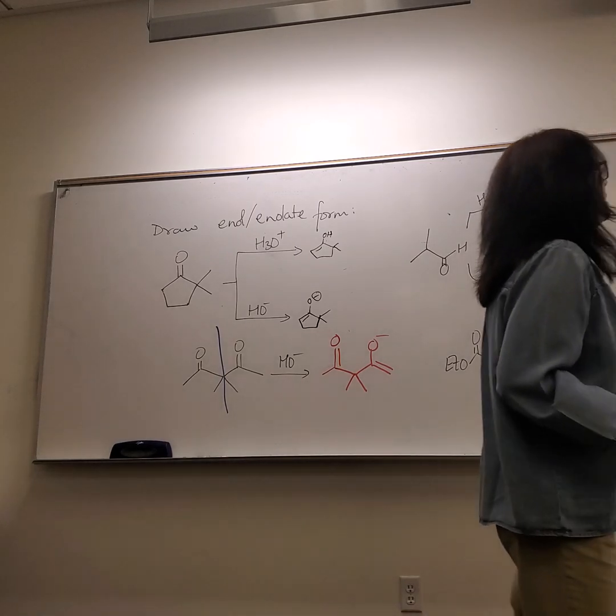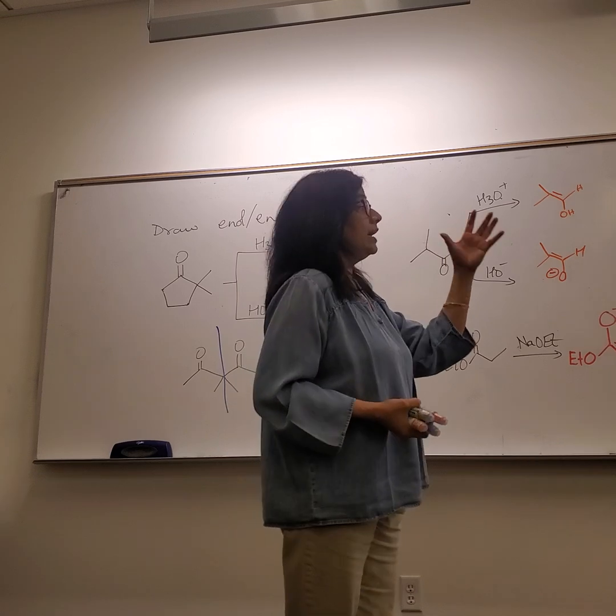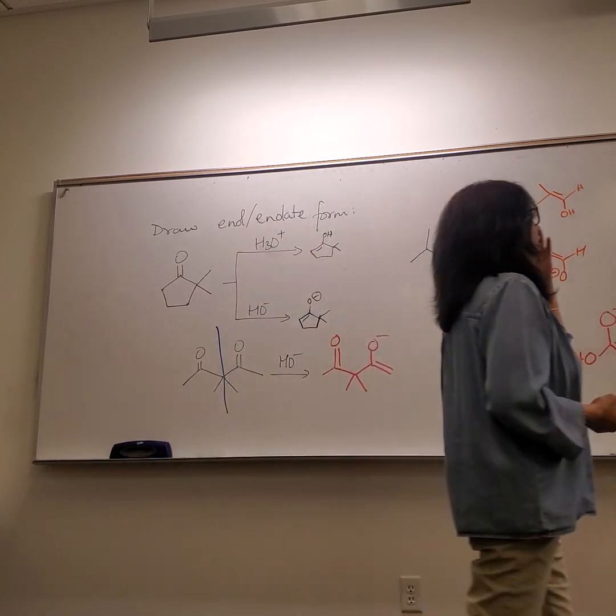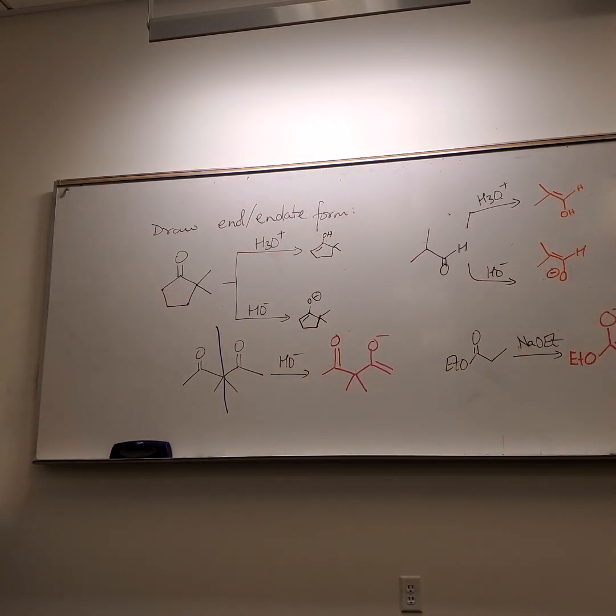So how do we decide which base to use to get either the thermodynamic enolate or the kinetic enolate, depending on what we want to do? Generally speaking, the thermodynamic enolate can be created with bases such as hydroxides or alkoxides. But of course, not t-butoxide, because t-butyl is very bulky.